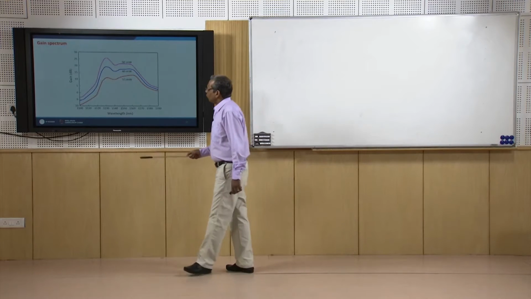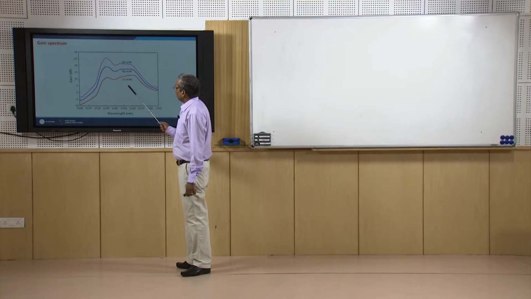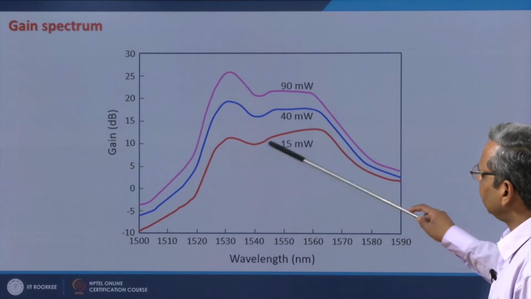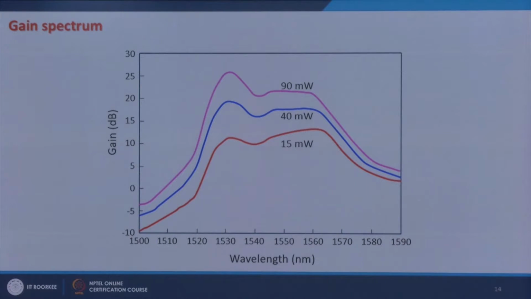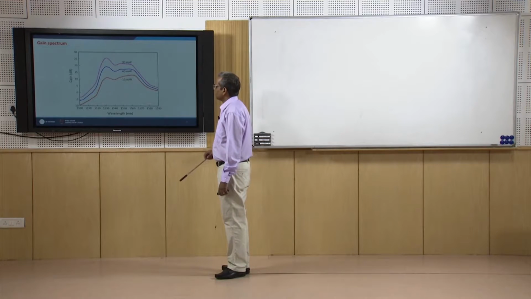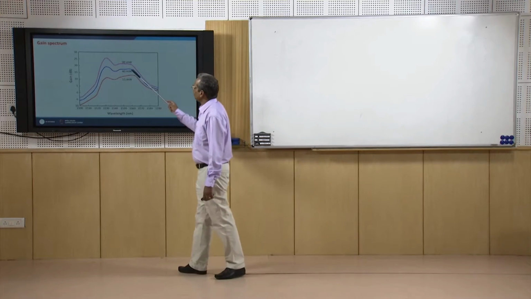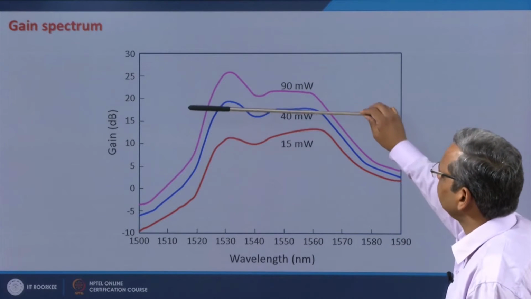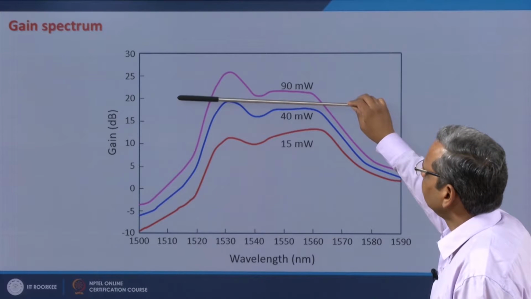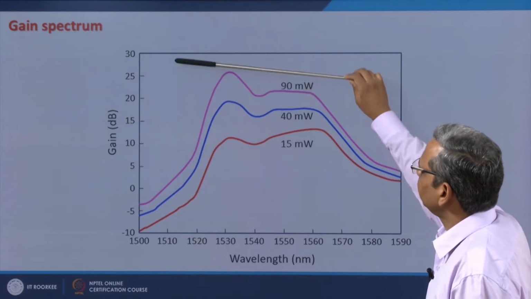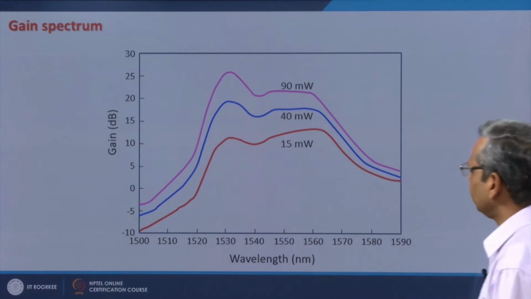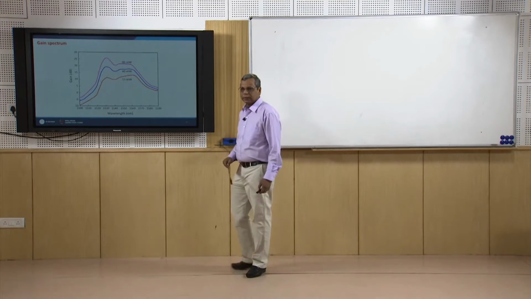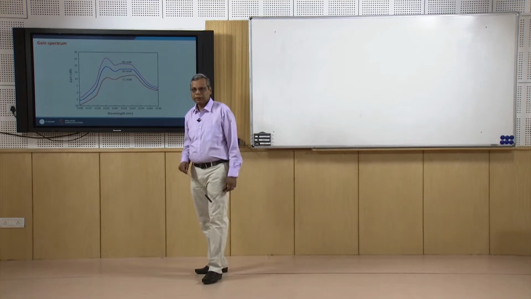So, what we see is that at different pump powers the gain of the amplifier varies with wavelength like this. At sufficiently high pump power, I can have gain in excess of 20 dB. If this is a 20 dB line, I can have gain in excess of 20 dB over a wide range of wavelength. 20 dB means a linear factor of about 100.